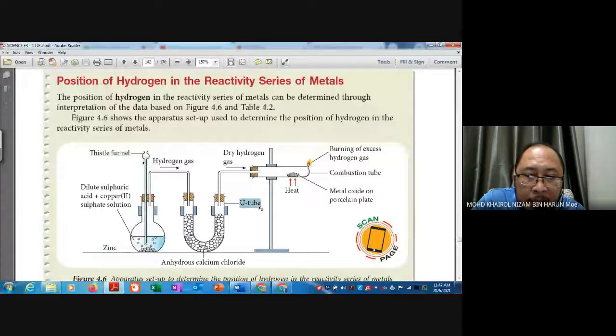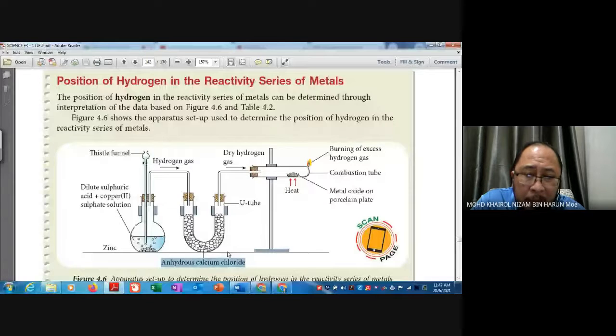This glass U tube contains anhydrous calcium chloride. What is its function? Why must we put anhydrous calcium chloride into the U tube? We will explain after this.